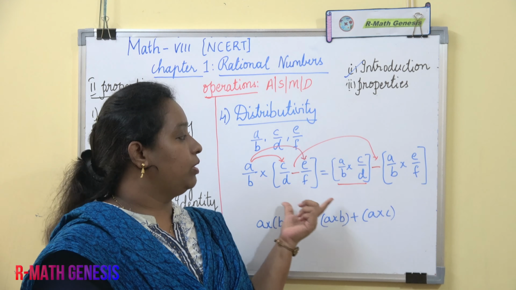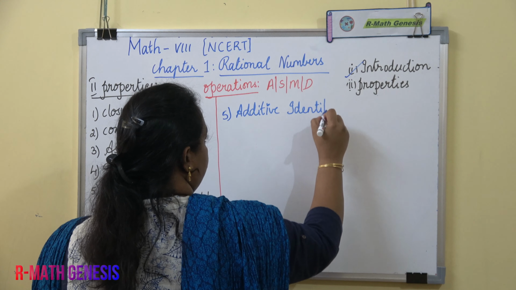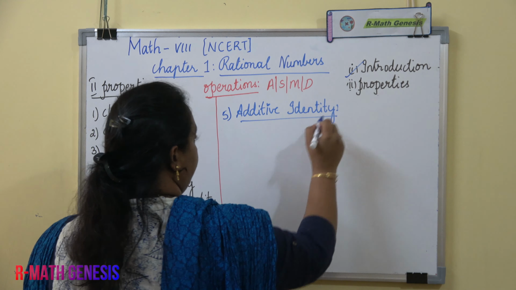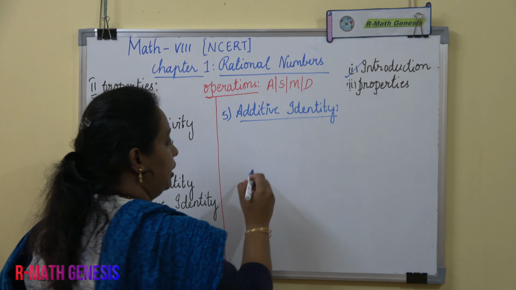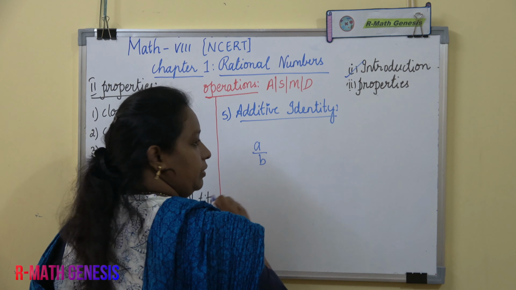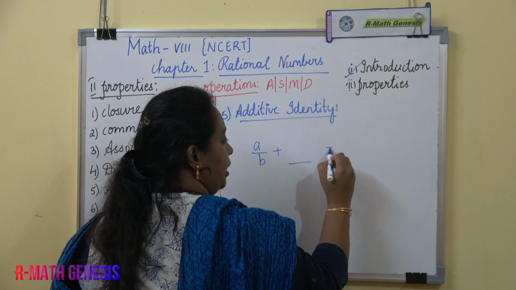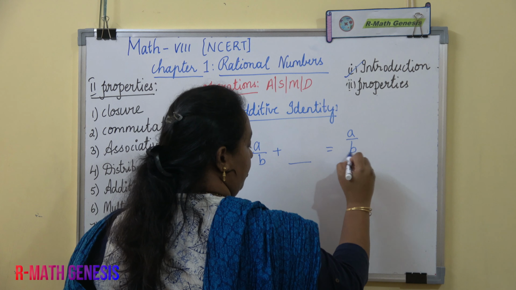Alright, next comes the additive identity, the fifth one. What does the additive identity say? You take any rational number, and if you add something to this number, the answer should be the same number again.